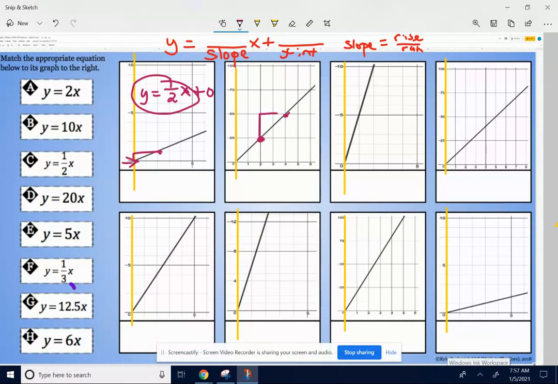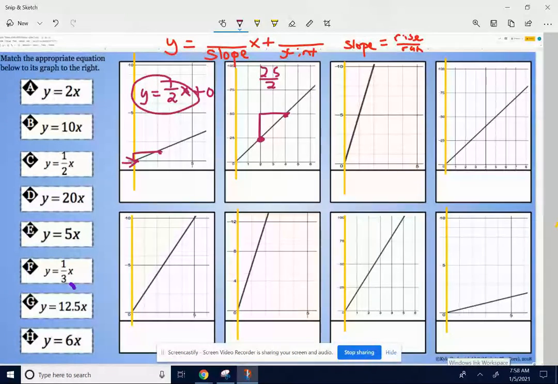Rise over run. If I'm counting by 25s on the y-axis, I'm going up 25 over 2. I'm rising 25 and running 2, so my slope is 25 over 2.